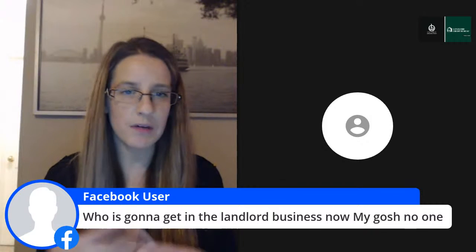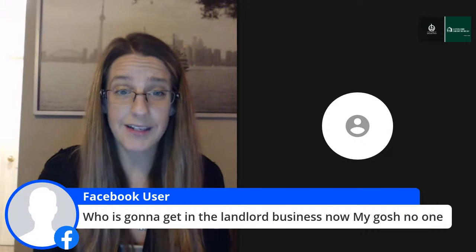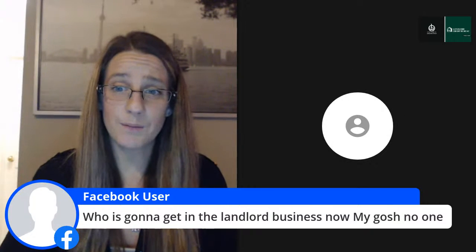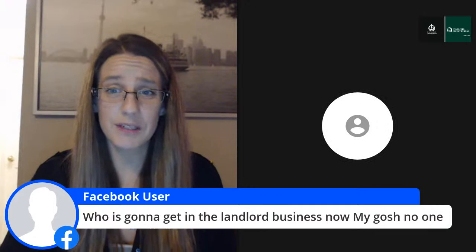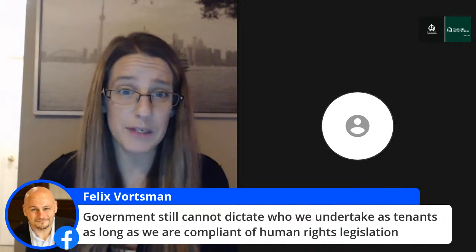But the way they keep giving rights to the tenants, and the bad tenants, is going to really go back on the government, because you're losing more landlords and you're just needing more government housing.